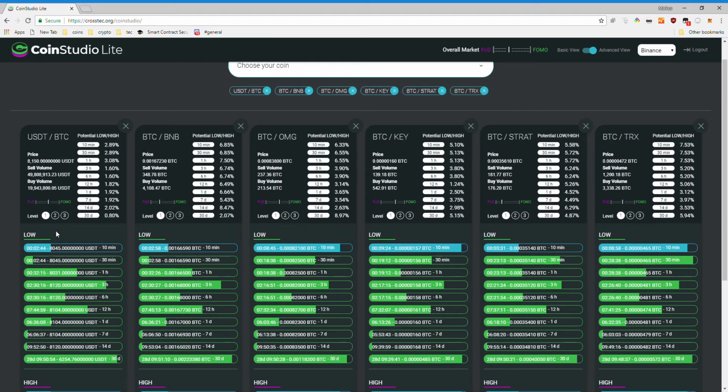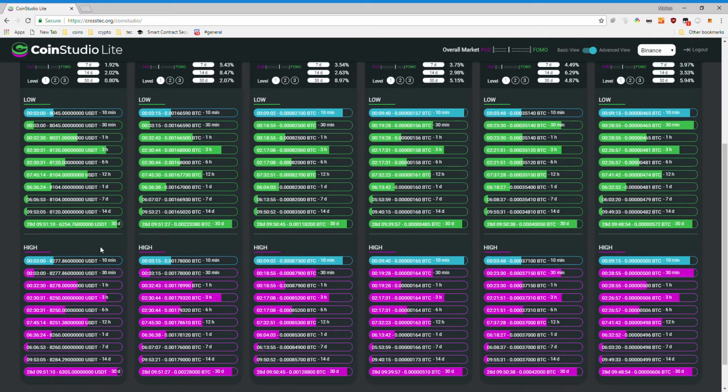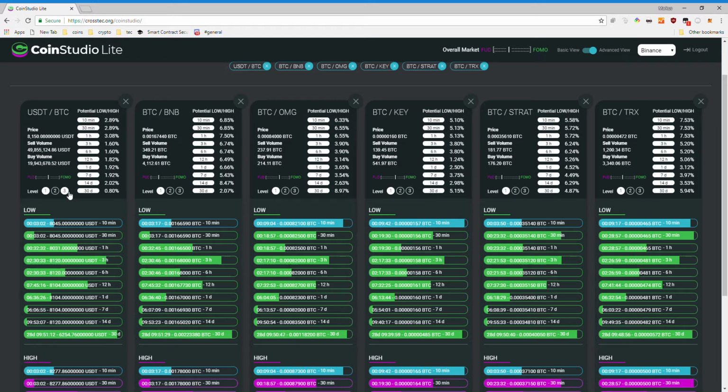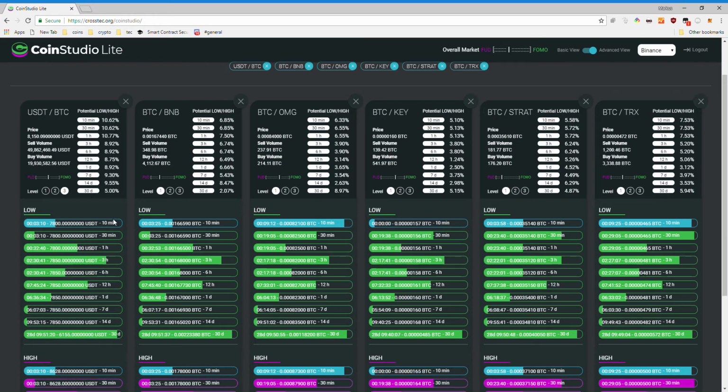But in the current situation that we have now, I would simply go to level two, try to catch the lows on level two, and sell at what's given at the highs. If you see that the market is really, really bad, there has been a crash or the crash is about to happen, then you would even go for level 3.